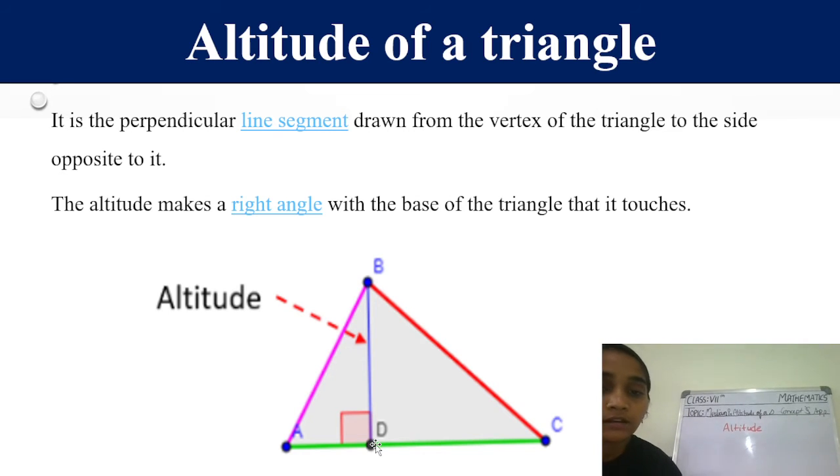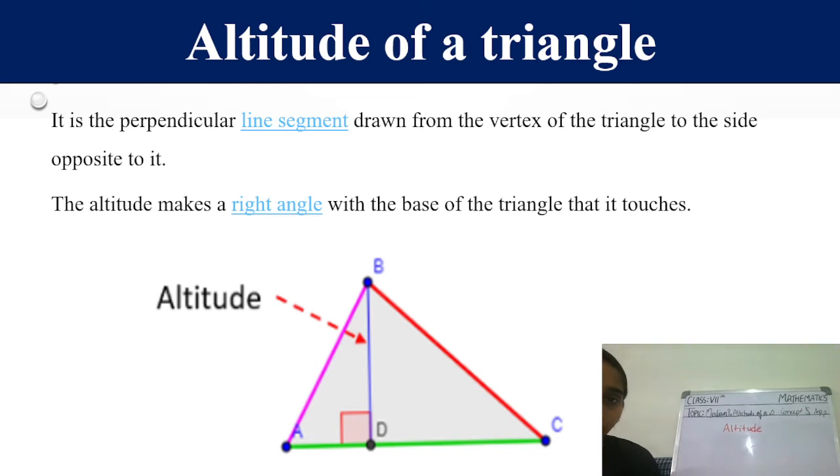From here you can see from the vertex B, a perpendicular line is drawn on the side opposite to the vertex B, which is AC. So we can say that the altitude makes a right angle, which is 90 degrees, with the base of the triangle that it touches. So basically we can consider that this is the height of the triangle, which is also called the altitude of the triangle. Okay.